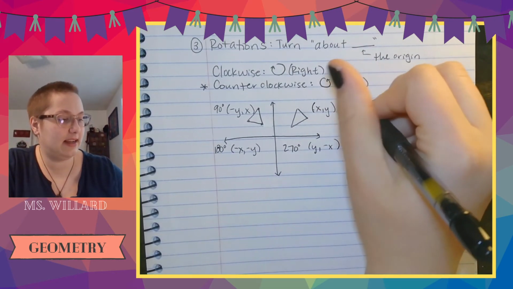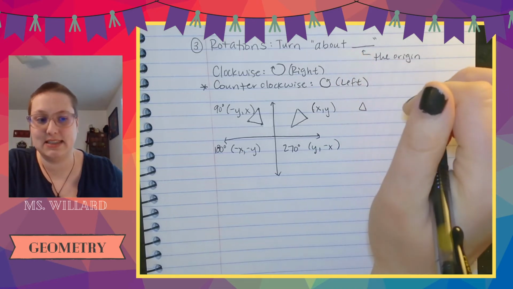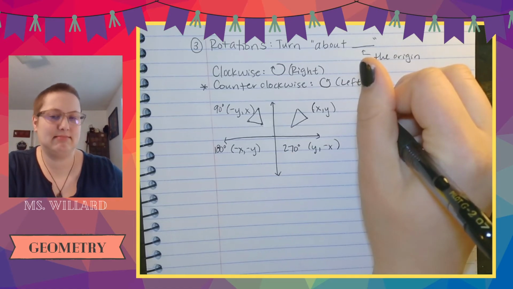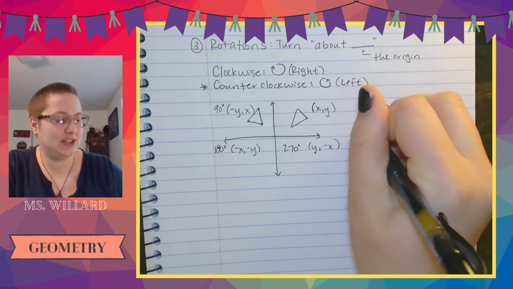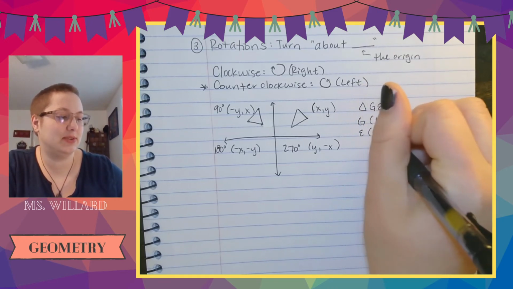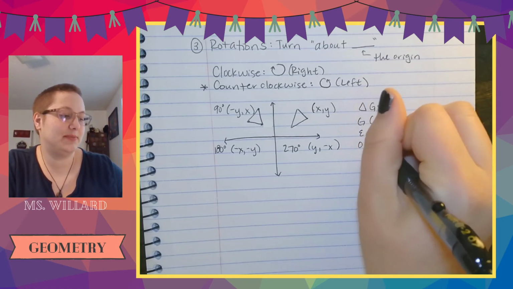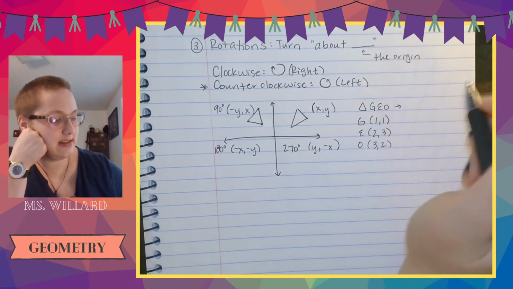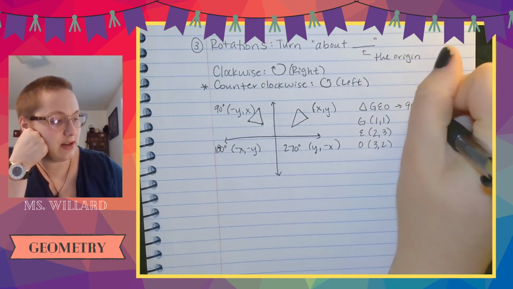So let's say that I had a triangle. I'm running out of ideas here. Geometry, GEO. And I say G is at 1, 1, and then E is at 2, 3, and O is at 3, 2. So if I were to rotate this, let's just say 90 degrees counterclockwise.